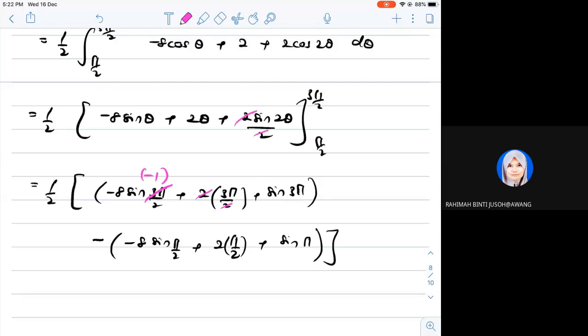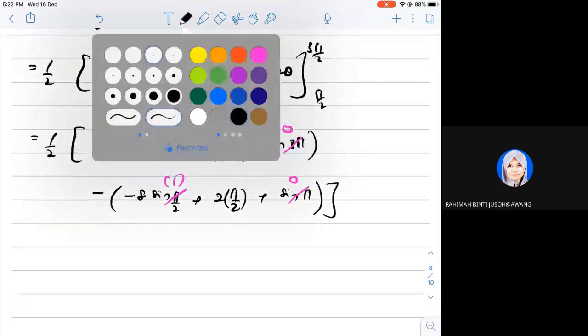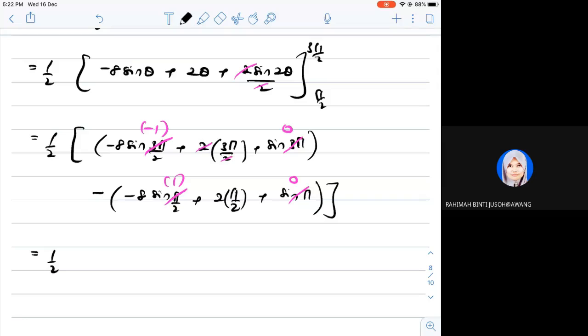And then this can be cancelled. This is 0. Sine pi over 2 is positive 1. Sine pi also 0. So we will have 8 plus 3 pi, and then minus negative 8 plus pi, isn't it?